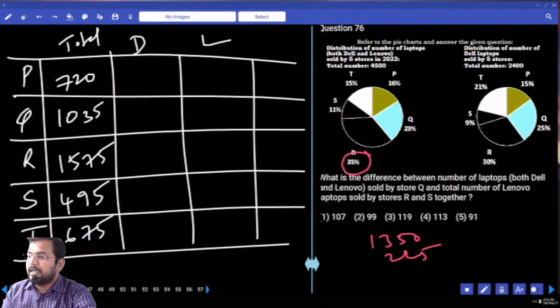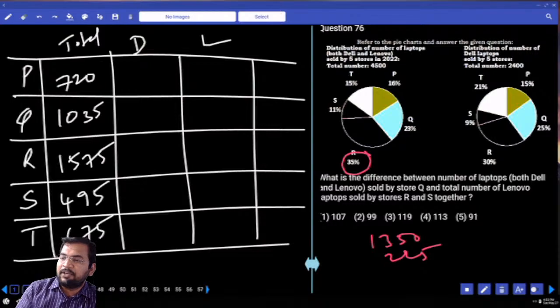Now Dell 15%: 24 times 15 is 360, therefore Lenovo is also 360.